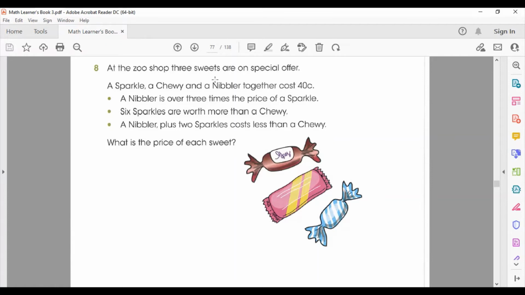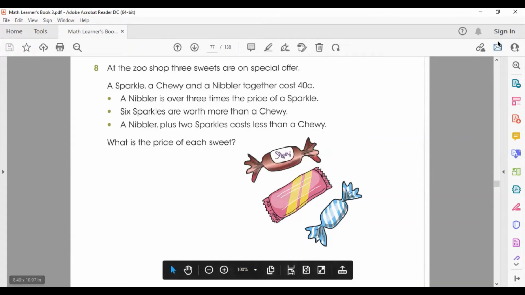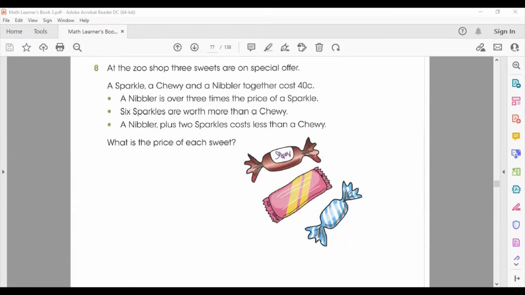We need to find the price for each sweet. So let us assume. We cannot say the actual, we need to find it one by one. The information we have here: a nibbler is over 3 times the price of a sparkler. So can we write it like this? The first thing, sparkler plus chewy, we are mentioning as S, W, and nibbler N, is equal to 40 cents.